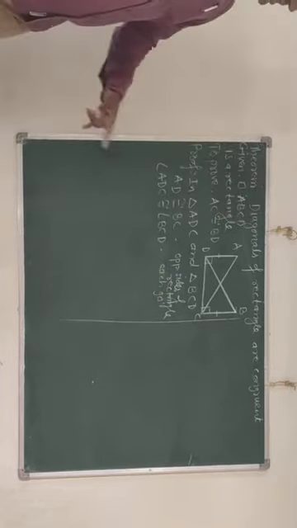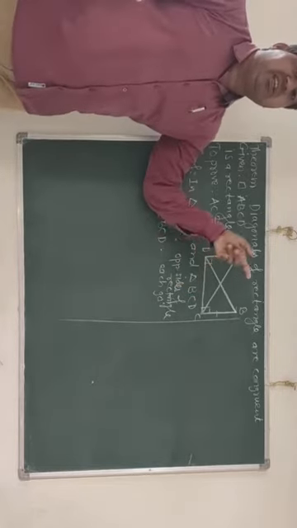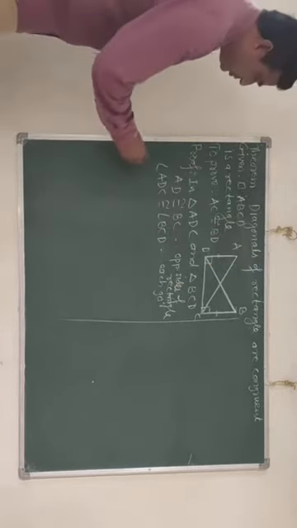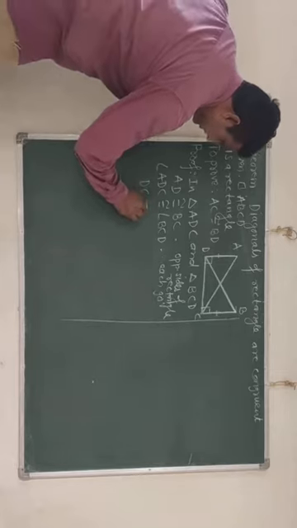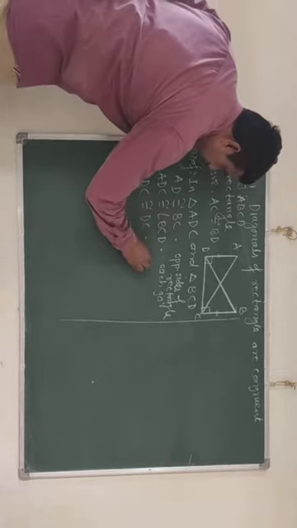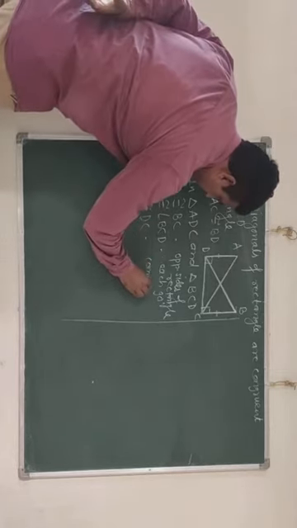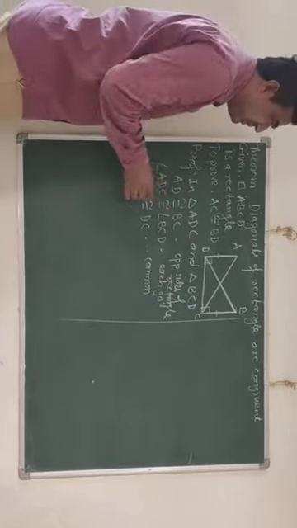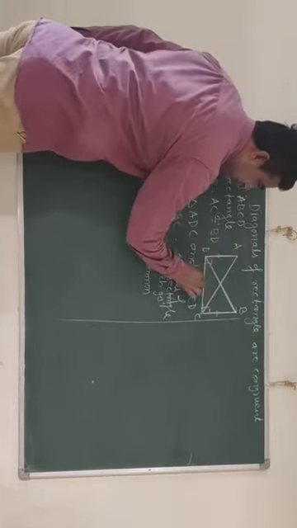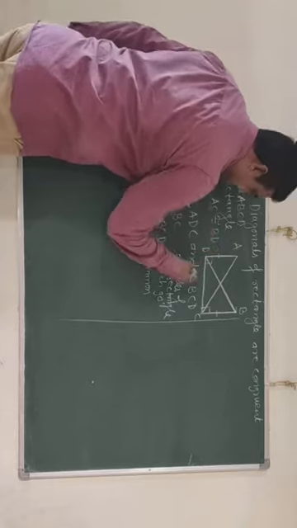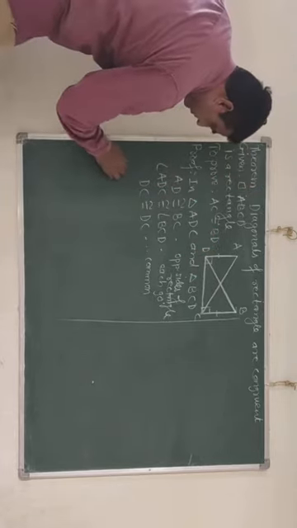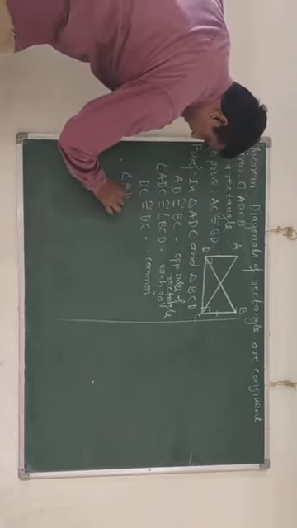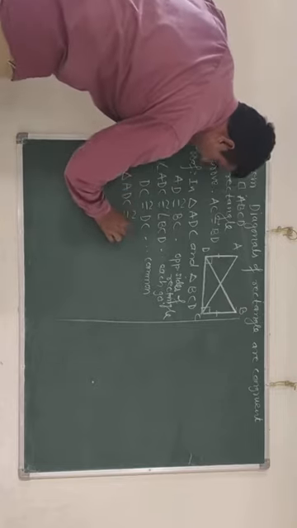Now you can clearly observe this side DC is common for both triangles. So DC congruent to DC, common side. Now you can check: this is side, this is angle, this is side. So by SAS test, therefore triangle ADC congruent to triangle BCD.